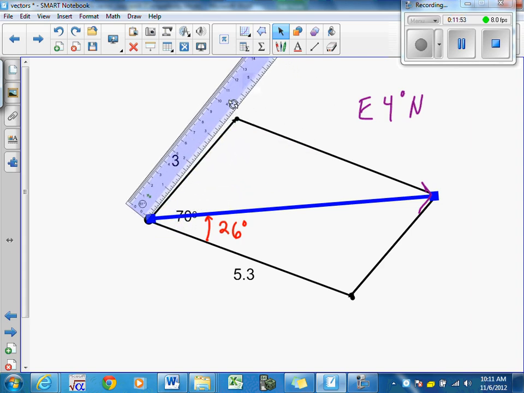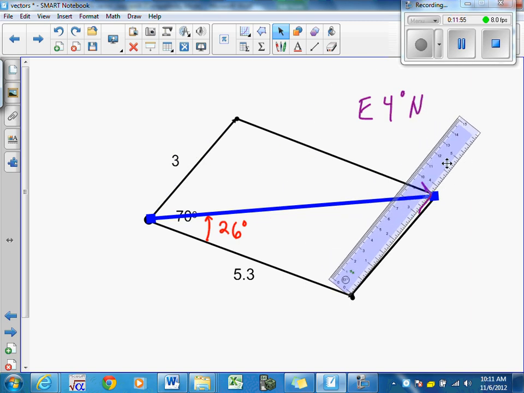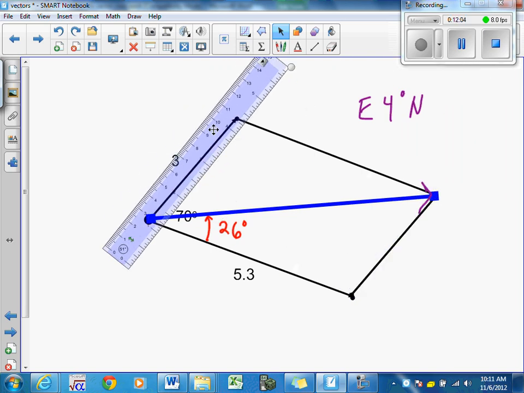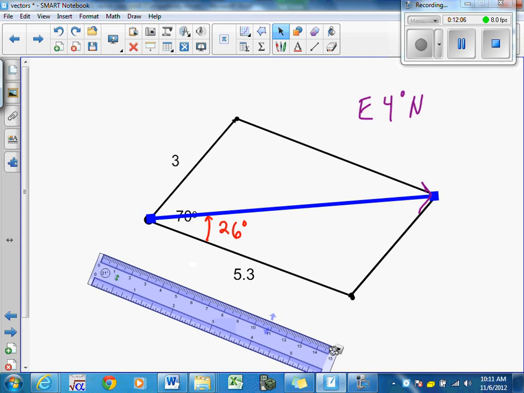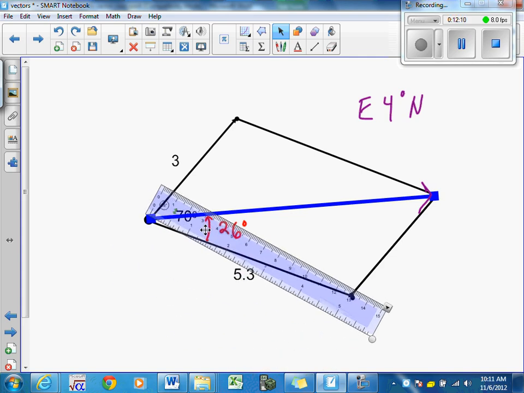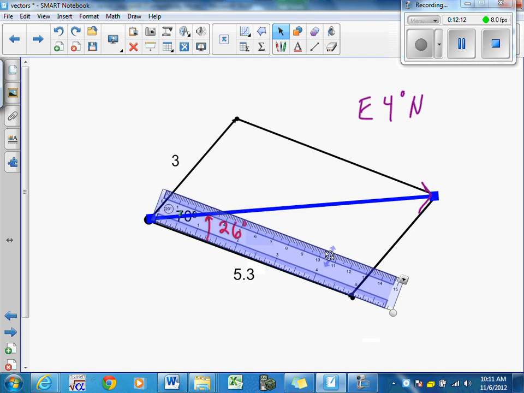So this was 3. So there you can see that side measures 3. Five.